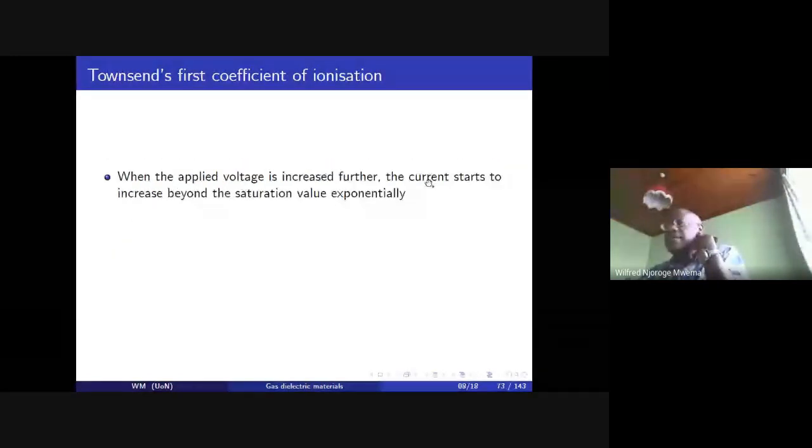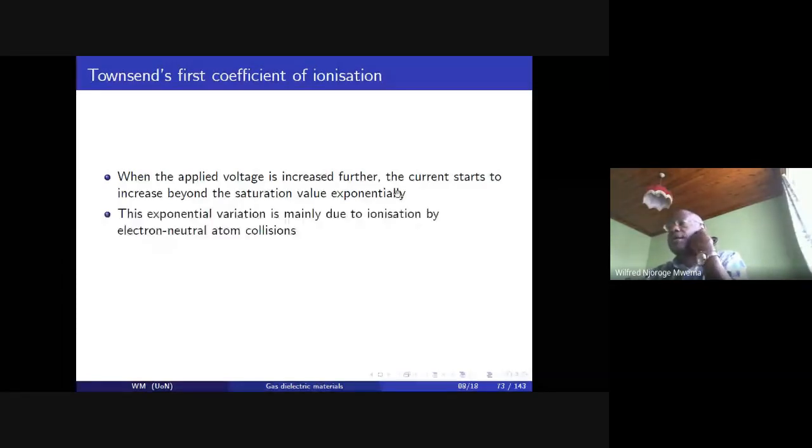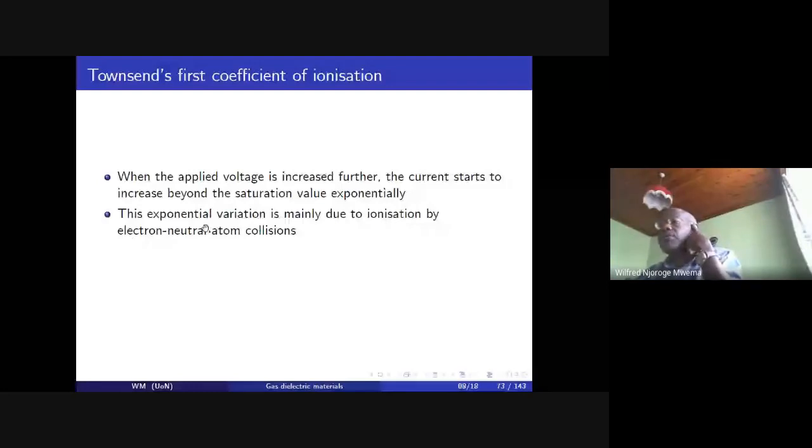Increase beyond the saturation value, and this increase is exponential. And the exponential variation will be mainly due to ionization by electron-neutral atom collision. That is, the electrons are accelerated to very high kinetic energy so that when they collide with neutral atoms, they lead to ionization.